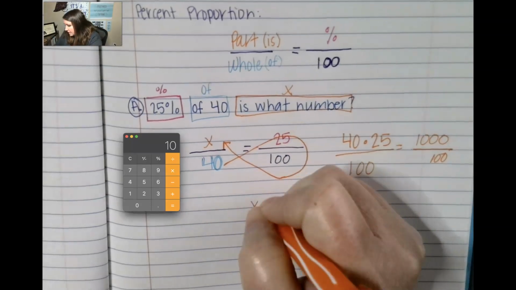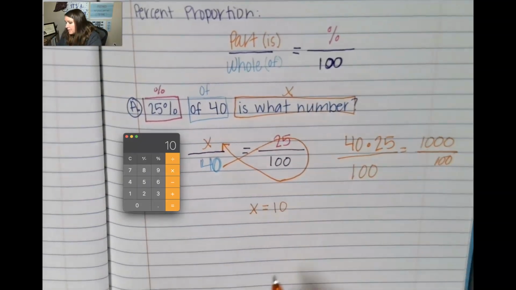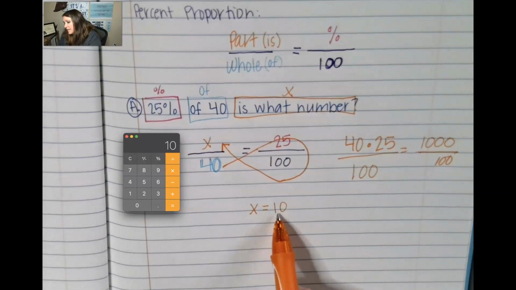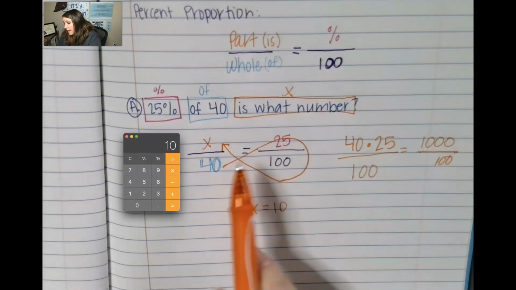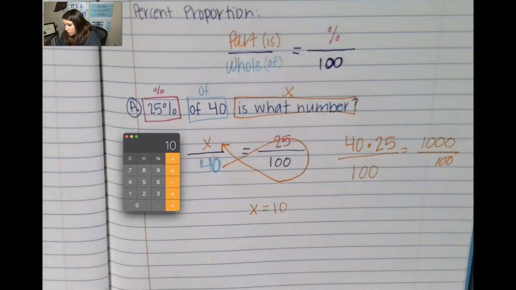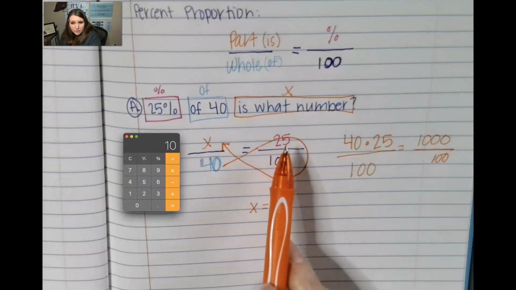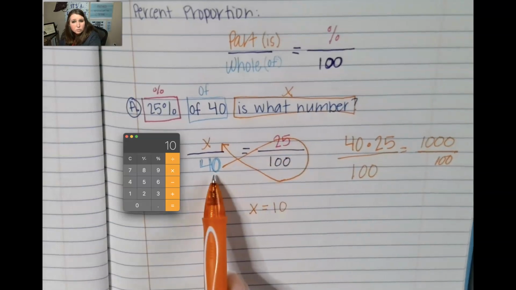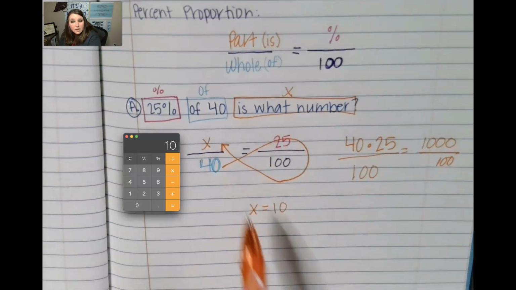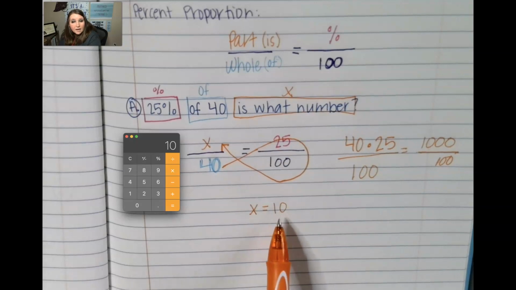So X equals 10. So this tells us here that 10 is 25% of 40. So if this were something that was on sale for 25% off and it originally cost $40, I would have a savings of $10.